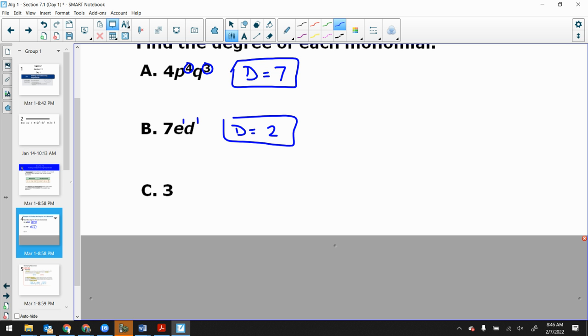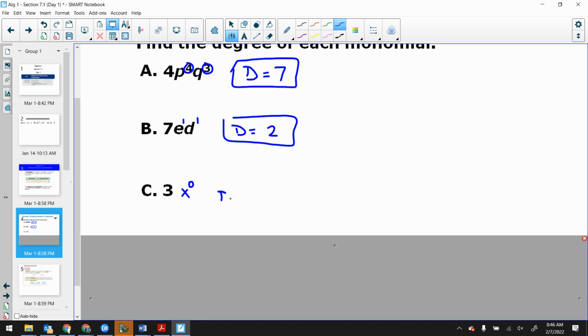For it to have a degree of 1, it would have to look like that, right? That's not the same thing. Was there ever a variable there even? I added in this x. What would I put on the power of x to make it go away? 0 power.